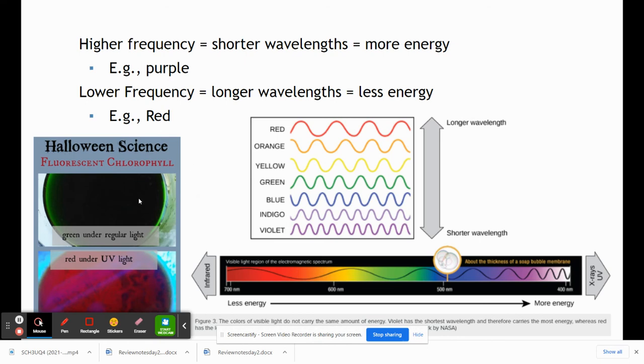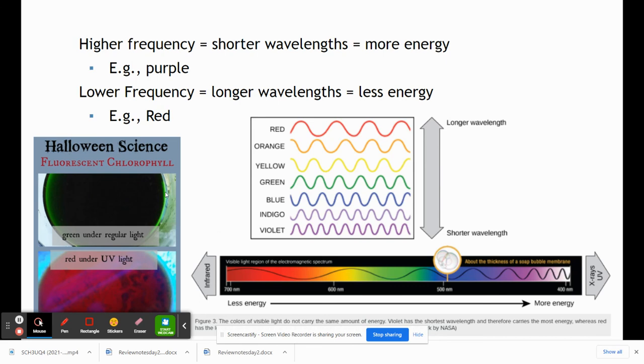And so this here is a cool demonstration that illustrates the idea of energy being released when electrons jump back down from a higher energy state. This is chlorophyll from plants. So what you do is you take some spinach leaves, you crush them up, and you put a solution in there to take out the chlorophyll. And then you can shine some UV light onto the chlorophyll solution that you made.